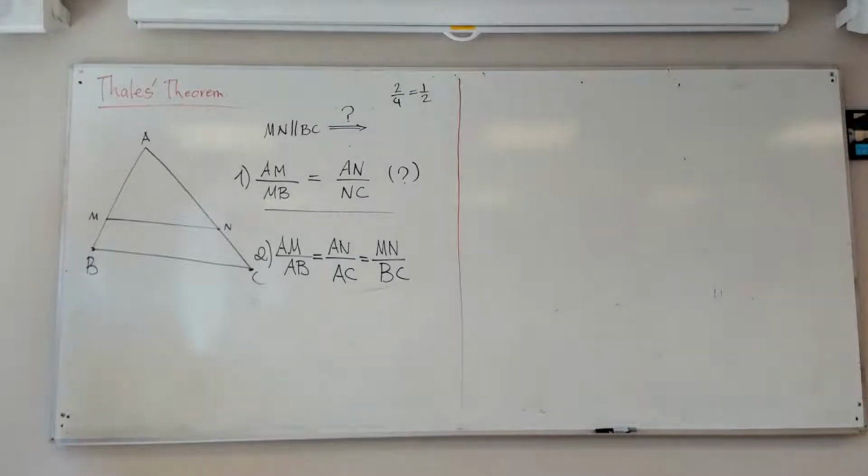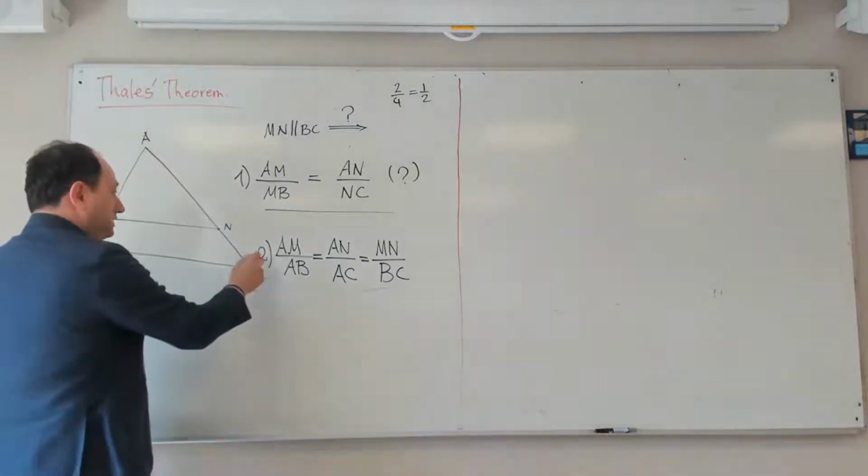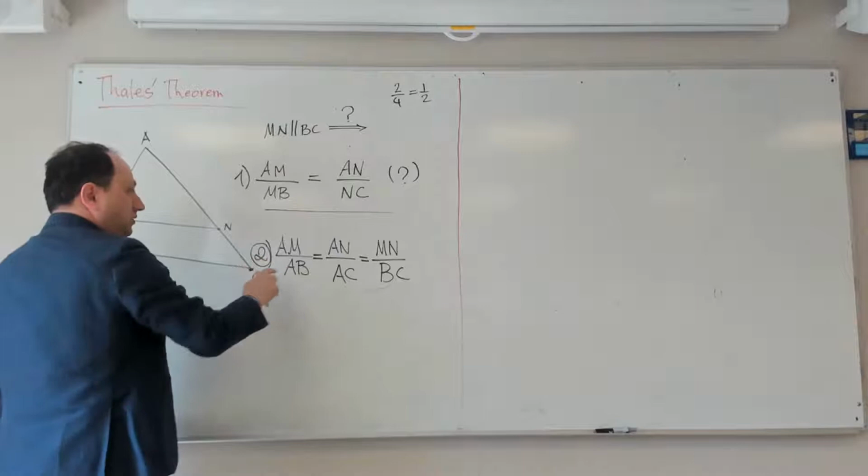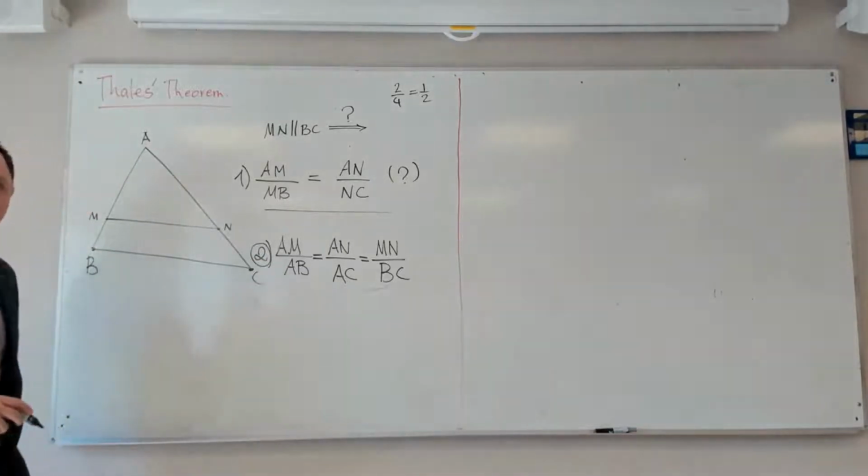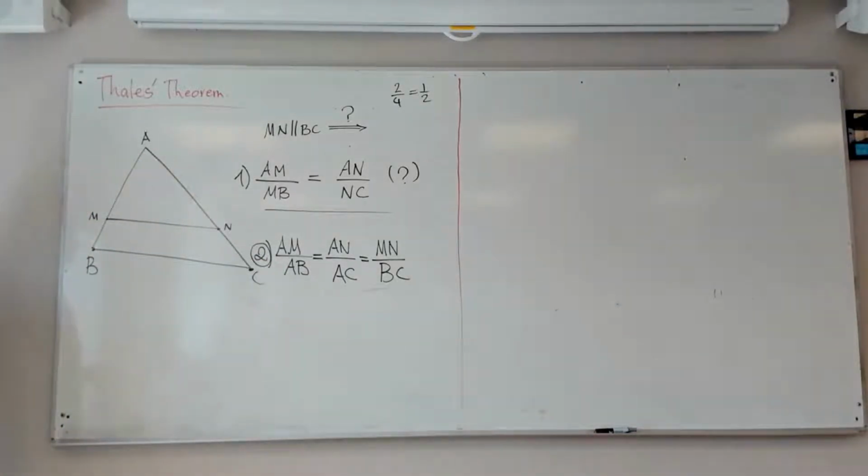Okay. So let me start with number 2, and I ask you, why do you think number 2 is correct? Forget about number 1 a little bit now. Just concentrate on number 2. So why do you think number 2 is correct if MN is parallel to BC?